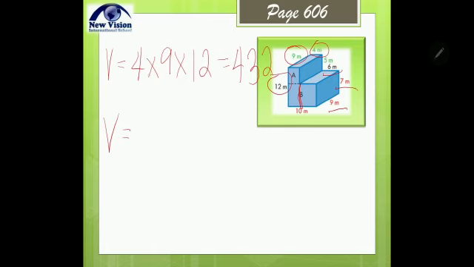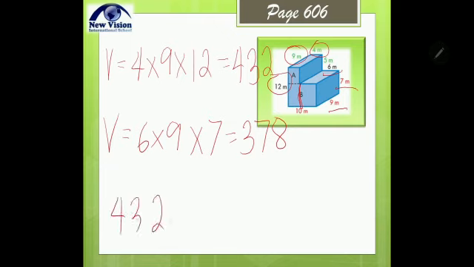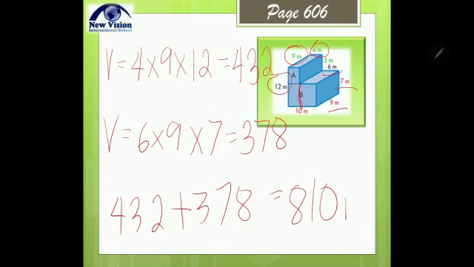So we will multiply 6 times 9 times 7. 6 times 9 times 7 equals 378. And finding the total volume of our prisms, 432 plus 378 equals 810 cubic meters.